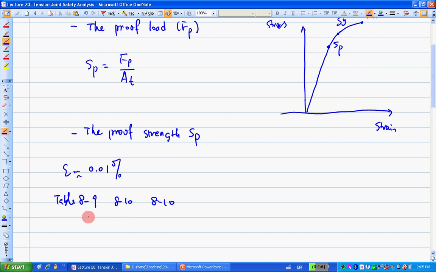A-9 gives the ASTM standard, then SAE, and then metric. These three tables are where you can find the bolt proof strengths. We need to use this later for the joint analysis. In a question, they're probably going to tell you the bolt is, say, ASTM grade something, and then you need to look at the table. Here's the table.